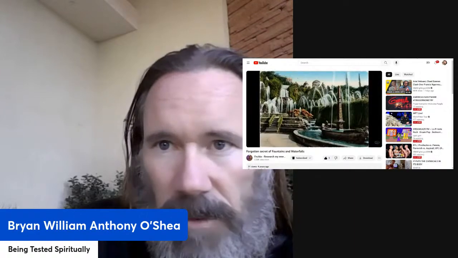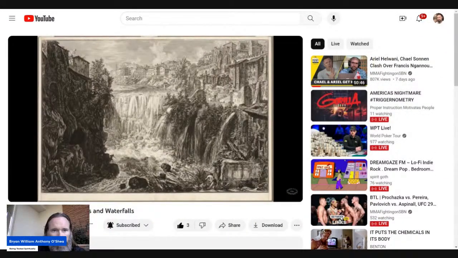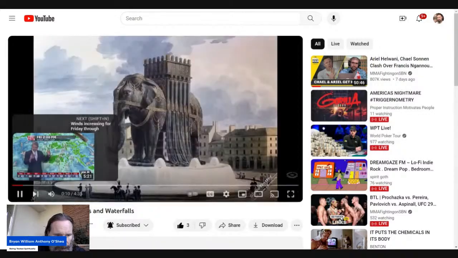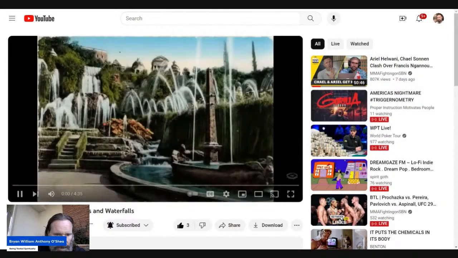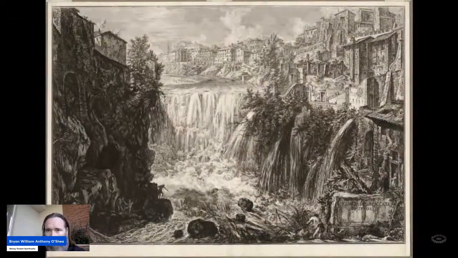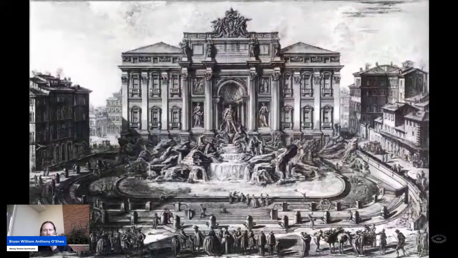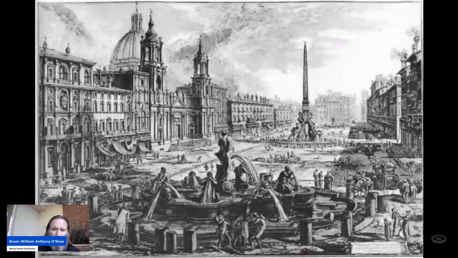Let's get into the forgotten truth about fountains and waterfalls. Back in the 1700s or before, there used to be a lot more waterfalls everywhere on Earth. In all the big cities, castles, and places had lots of fountains and small waterfalls.